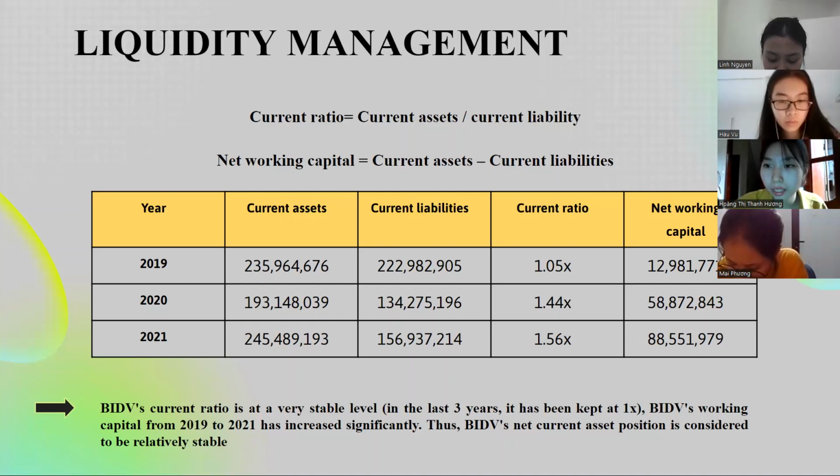This happens when assets of the company cannot be sold due to lack of buyers, or with too large a difference between buying and selling price. According to the regular reports for the last 3 years, BIDV has fully implemented and managed liquidity risk in accordance with the current regulations of the State Bank of Vietnam.